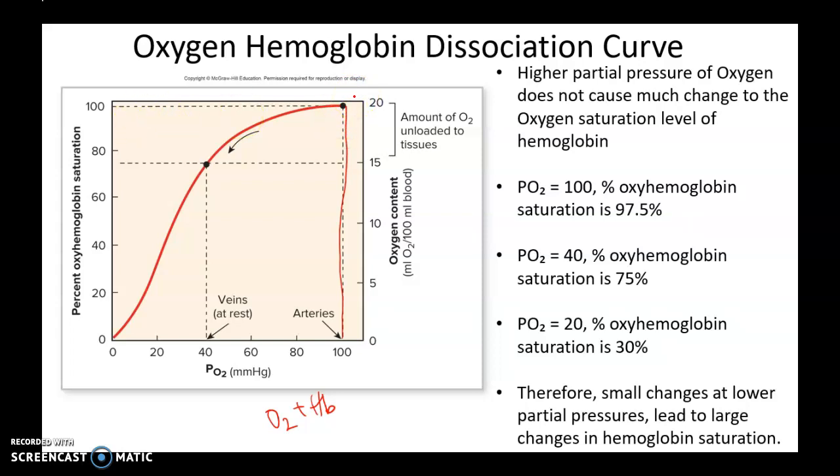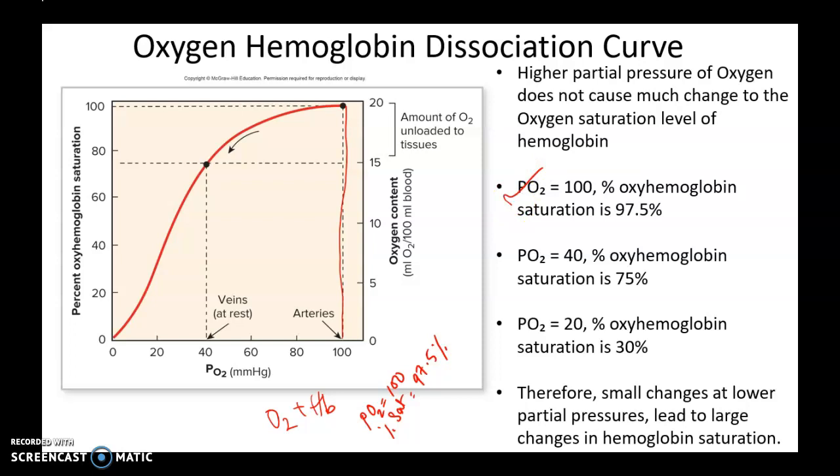So at PO2 of 100, the percent saturation is about 97.5%. Okay. So when partial pressure of oxygen is 100, the oxyhemoglobin saturation is 97.5%.